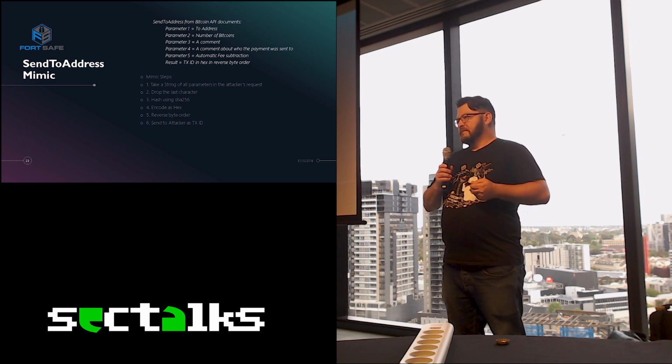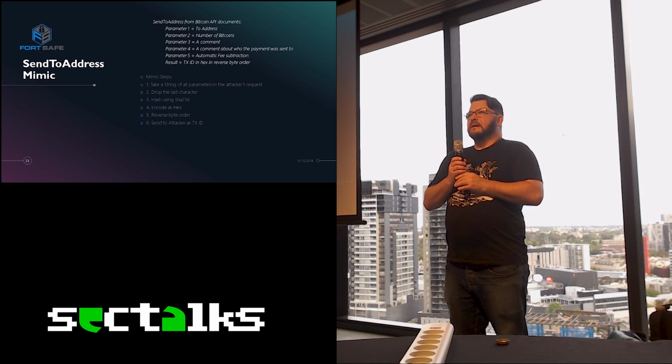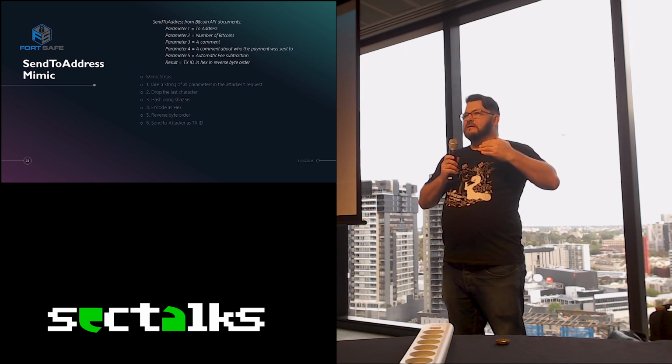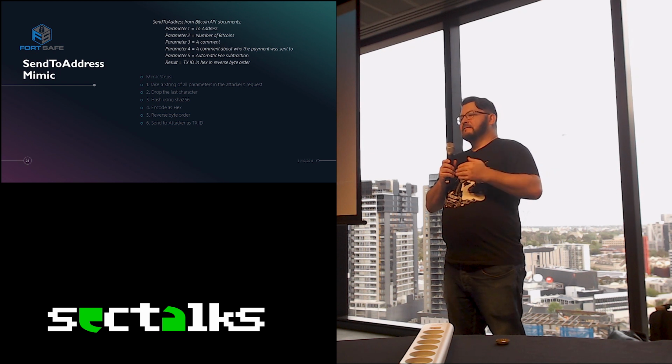That's just the way that the Bitcoin API structures its addresses. So to mimic, what I've done is I've taken a string of all the parameters in the attacker's request, dropped the last character just for creating something different, hashed using SHA-256, encoded as hex, put it into reverse byte order, and sent it to the attacker as a transaction ID.